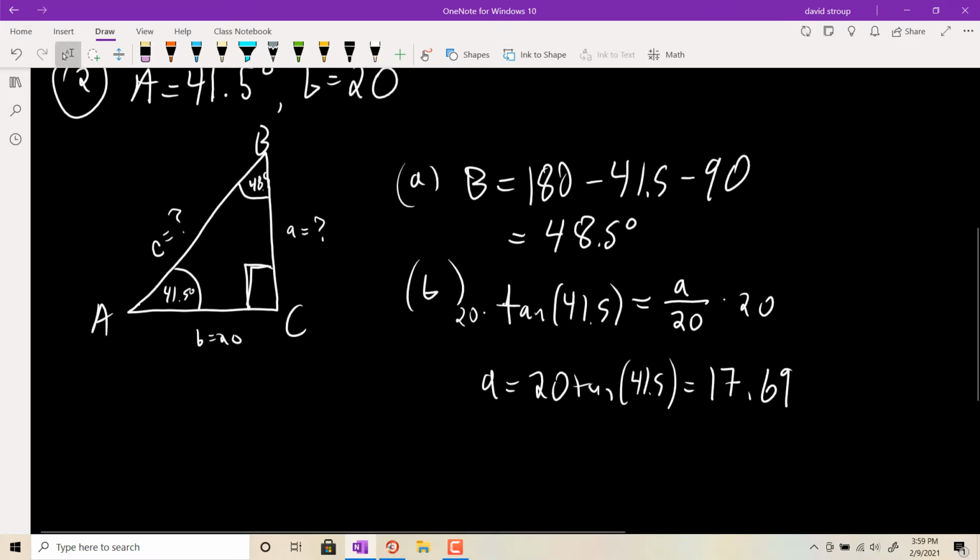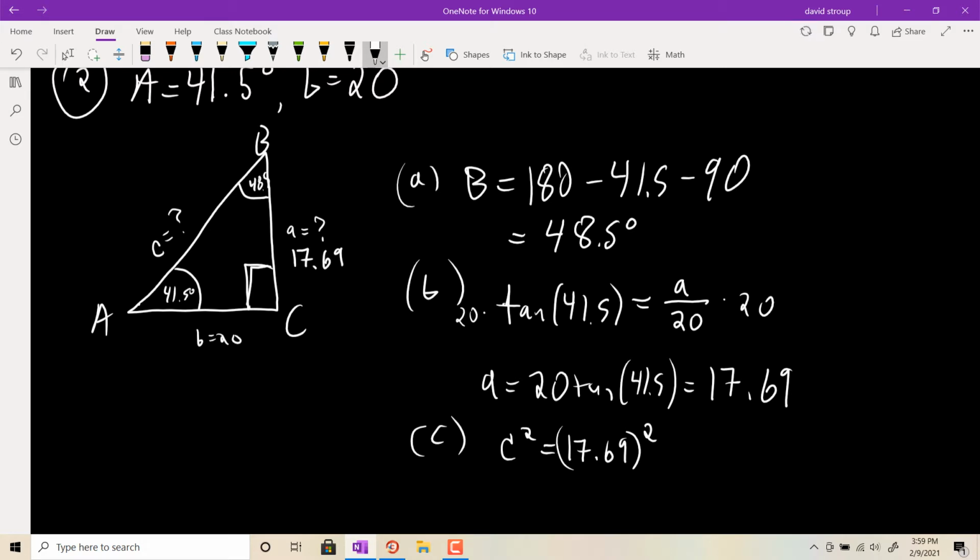Okay. Then thirdly, you don't have to really do any more trig. Once you get two of the sides, you can use the Pythagorean Theorem to get the third side. So c squared, the hypotenuse squared, will be just the 17.69. And the book tells you how many decimals to approximate to. So they wanted 1 decimal on the degrees and 2 decimals on the length.